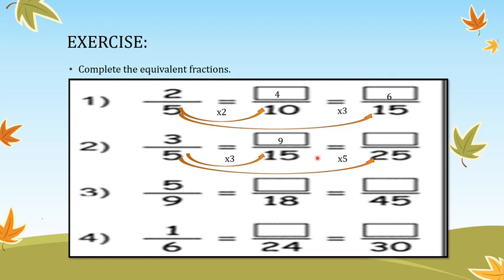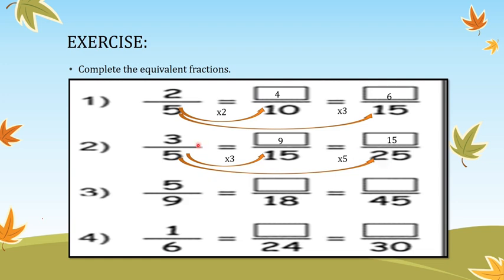So this means the denominator comes 5 times of table 5. So if the denominator is multiplied 5 times, your numerator 3 will also be multiplied by 5 only. 3 fives are 15, so you get 15 as your numerator.